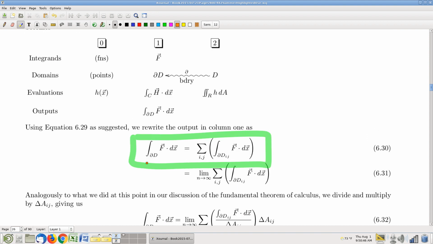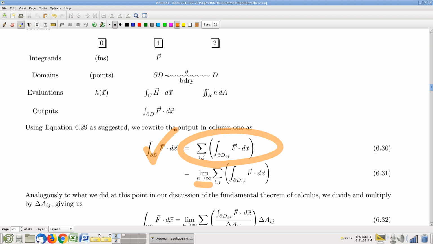So, boundary line integrals accumulate. Just like, back when we were looking at the fundamental theorems, change accumulates. Same deal. Again, you can take a limit because you're taking a limit of a constant. This is always equal to the same thing, therefore it doesn't change, therefore it's constant, therefore its limit is itself.